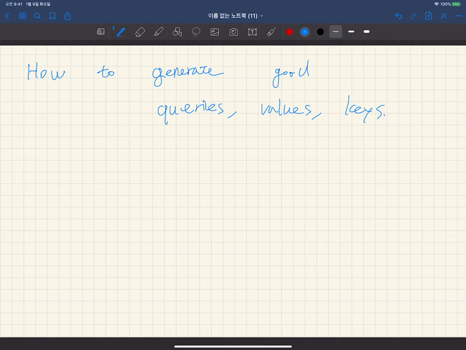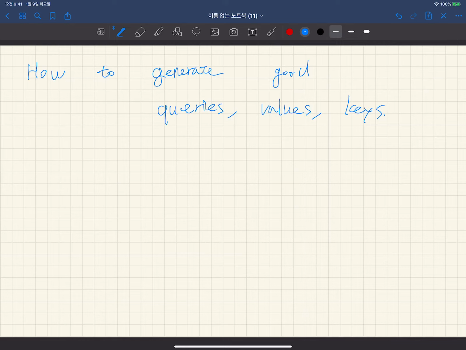The queries and keys must have some meaning so that the inner product between queries and keys really tells us some kind of similarity or importance, something meaningful.